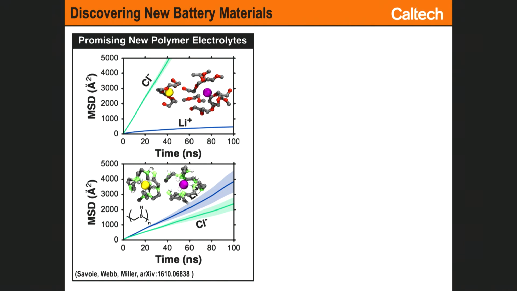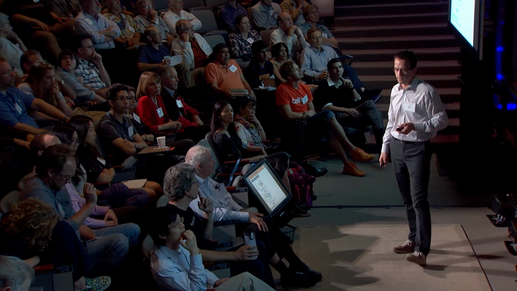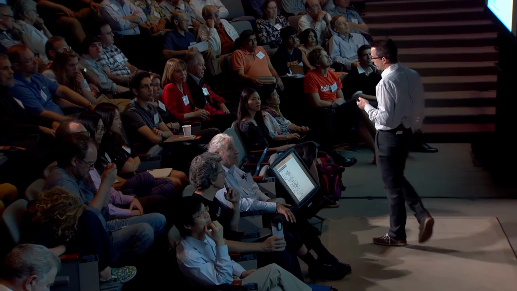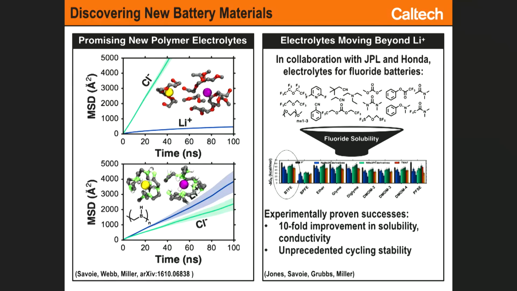So our synthetic collaborators are working full out to make these new polymers and to investigate those, which we're incredibly excited about. And then another even more concrete advance has been in a collaboration of this work with JPL scientists and Honda scientists, looking not just at lithium-ion batteries, but at closely related fluoride-ion battery technologies, in which they had the need for identifying electrolyte solvents that would enhance the solubility of the ions and enable sufficient conductivity in their battery materials.